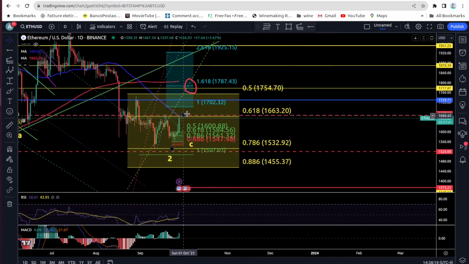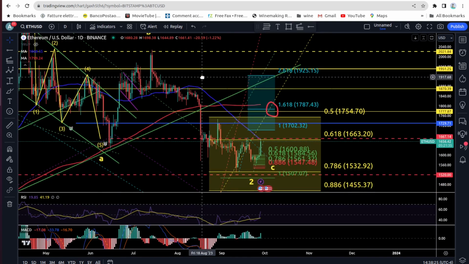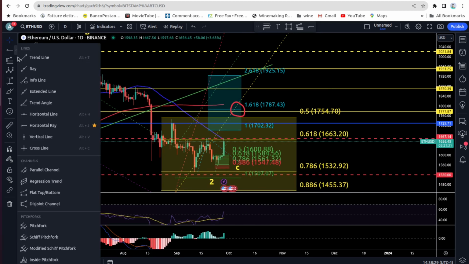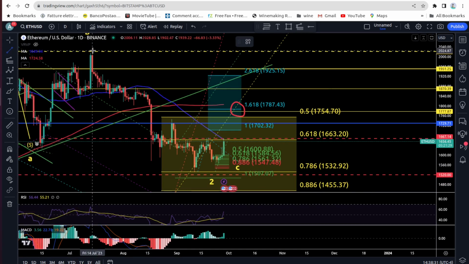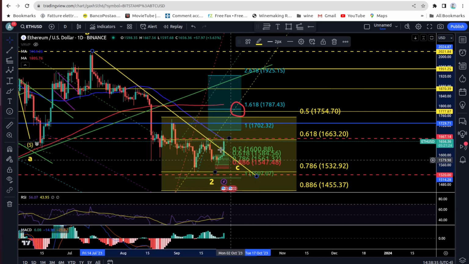Once again, we are touching the MA50. We could even start to break this downtrend. Can I say, I'm surprised I don't already have a trend line here. So from here, you see, today we are managing to break that. Let's see, for sure tomorrow is going to be a big day for Ethereum.